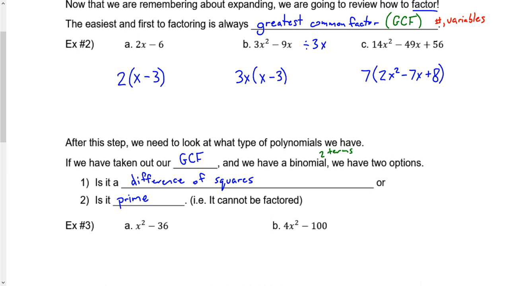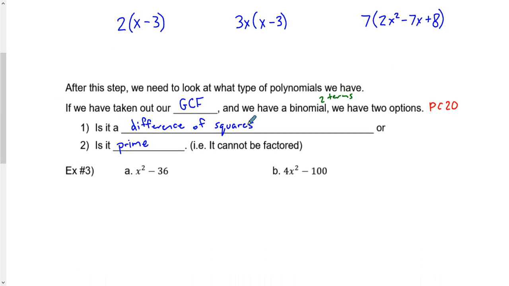Now, when I talk about 2 options, I do have to clarify that I am strictly talking about pre-calc 20. Those of you that go on to calculus, you'll see that there are other options when you have 2 terms and you've already factored out your GCF. For example, you could have sums or differences of cubes, but that's done in calculus 30.